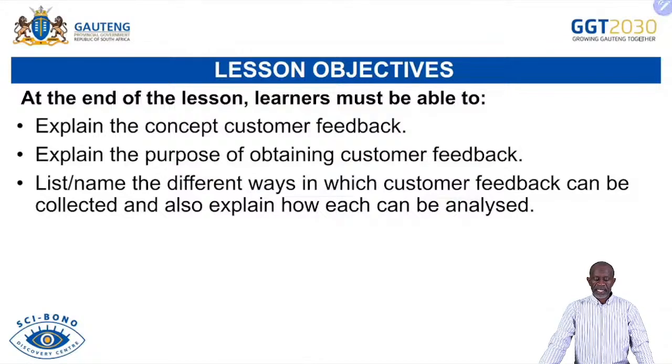You would be expected to explain in detail the purpose of obtaining customer feedback. You will also be expected to list or name the different ways in which customer feedback can be collected or obtained, and also explain how each can be analyzed.